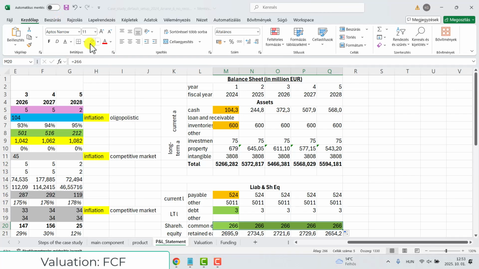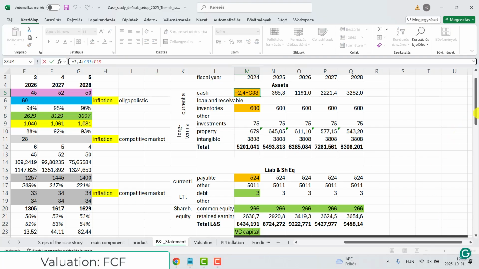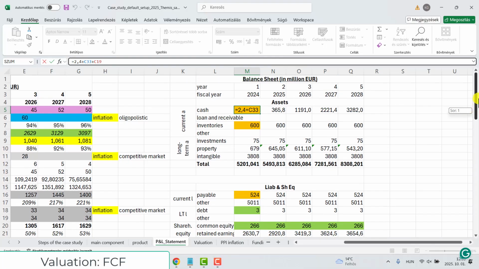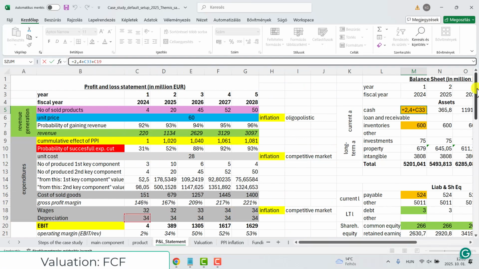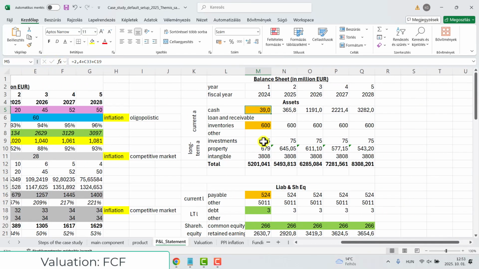At some point I added it, but right now I don't want to, because also cash reserves were not increased, so that's why. C33. Yeah, only annual, and the depreciation, which is an artificial expenditure, is there, otherwise it's good.